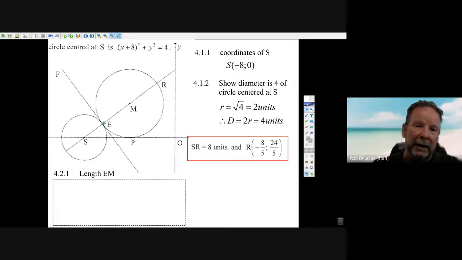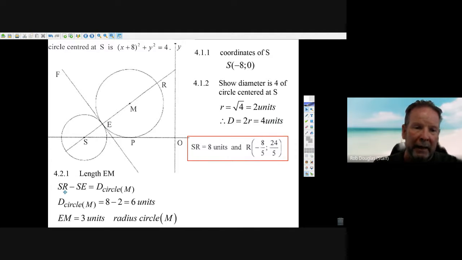The length EM. But they give you something here. They say that SR is 8 units, and they want us to find EM. Okay, well, if we've got SR being 8 units, and we know that SE, the radius we just figured out, is 2, we can get the diameter of this circle.